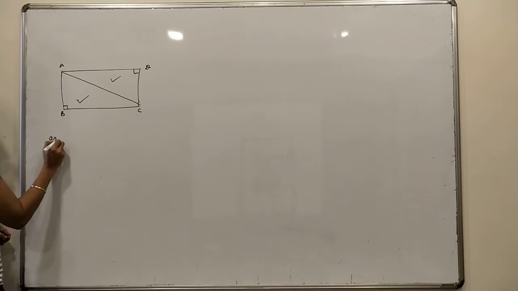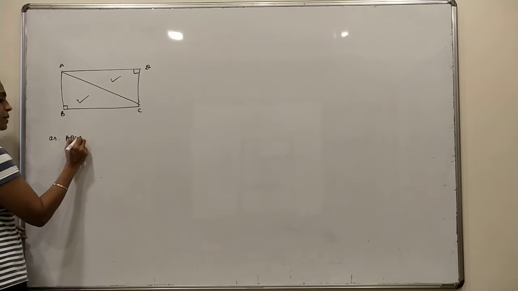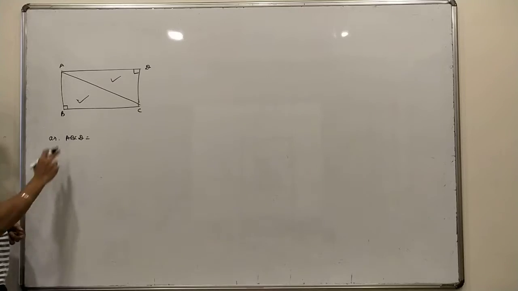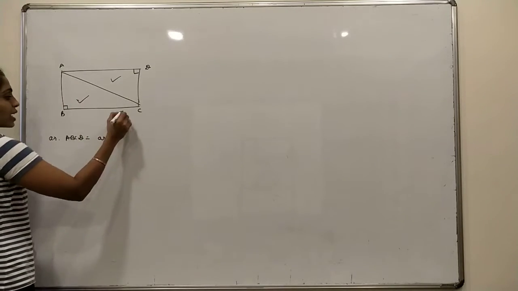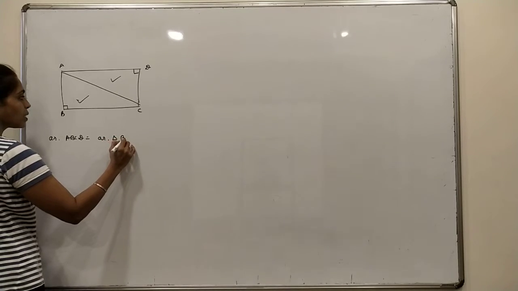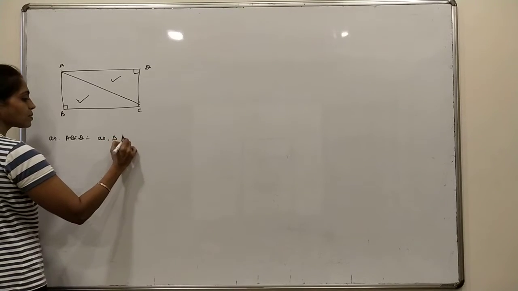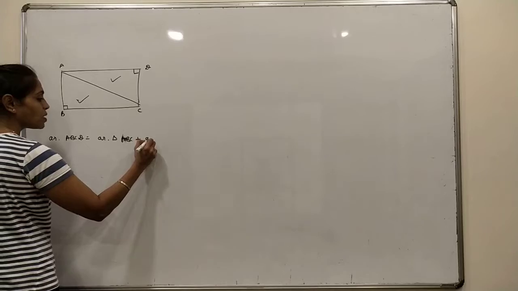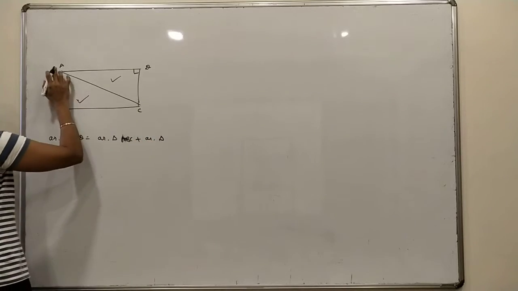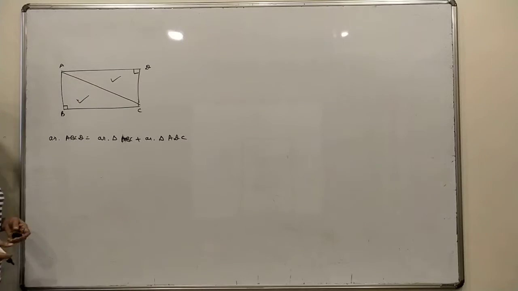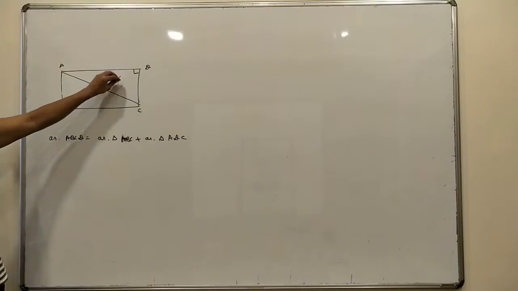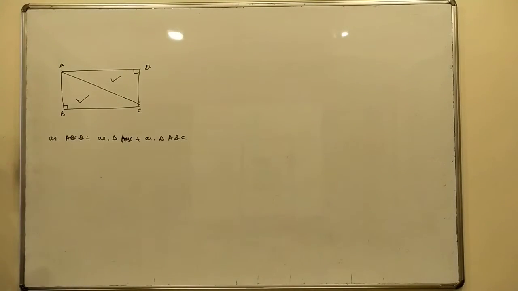So area of rectangle ABCD equals area of triangle ABC plus area of triangle ABC. Got it? This area plus this area is the whole rectangle area.